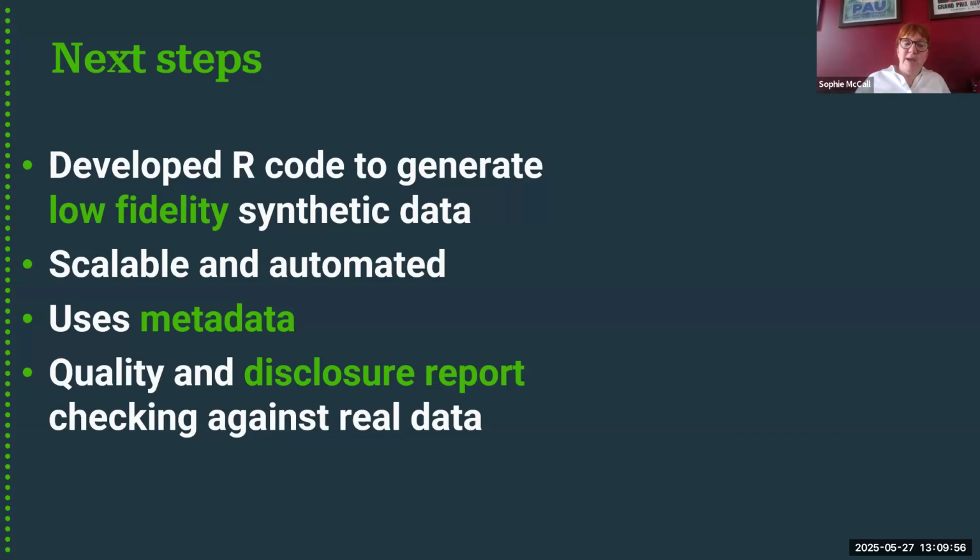As such, it's quite dependent on the quality of the metadata, but generally we're making some progress in being able to generate some low fidelity synthetic data. One important point is that we make sure that it's quality and disclosure checked against real data. So we've developed an R report that takes any synthetic data that we generate, and it can then be compared against real data.